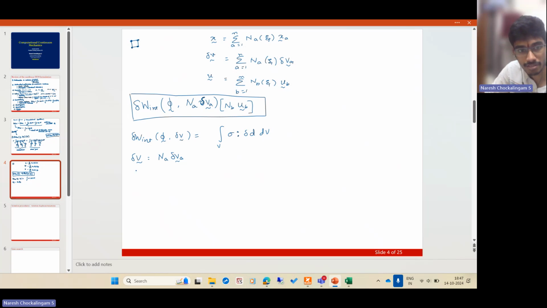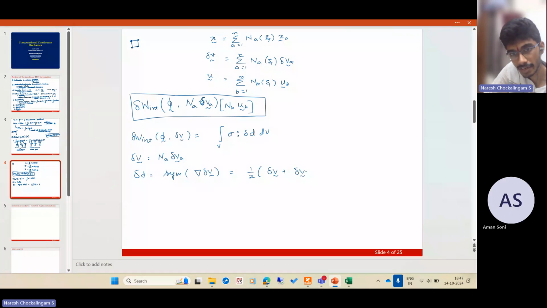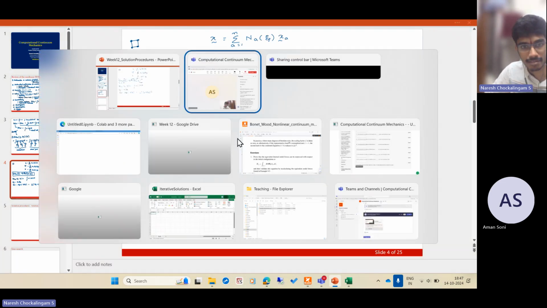So what is del D? Del D is the symmetric part of the gradient of del V, so this is basically half of grad del V plus grad del V transpose. But sigma is a symmetric tensor, so we don't need to write the summation. Only the symmetric part will contribute, and the antisymmetric part will cancel out. The contraction of a symmetric and an antisymmetric tensor is 0.